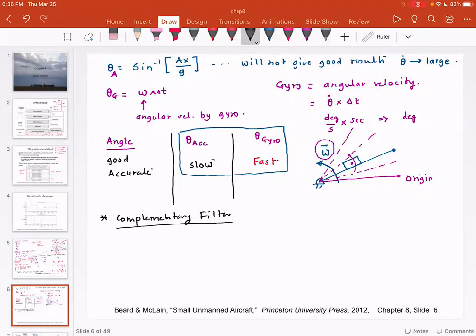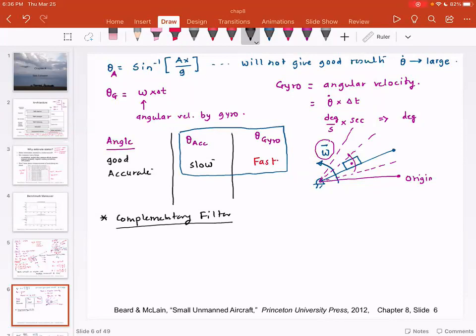But now everyone understood the issue: if my measurement is changing slowly, I can rely on the accelerometer. If my measurement is going fast, I can rely on the gyroscope. So how do I combine these two together?